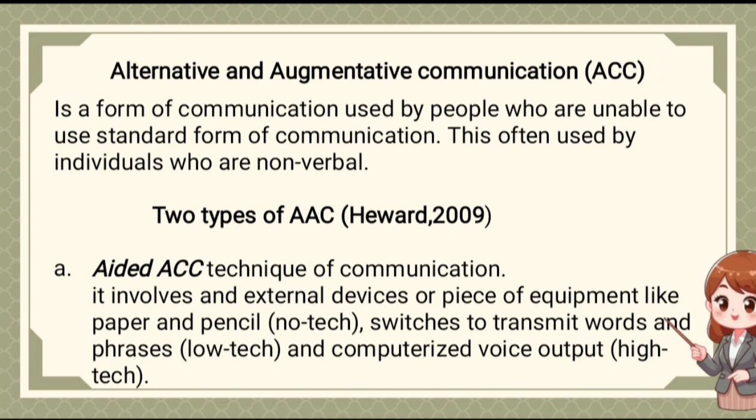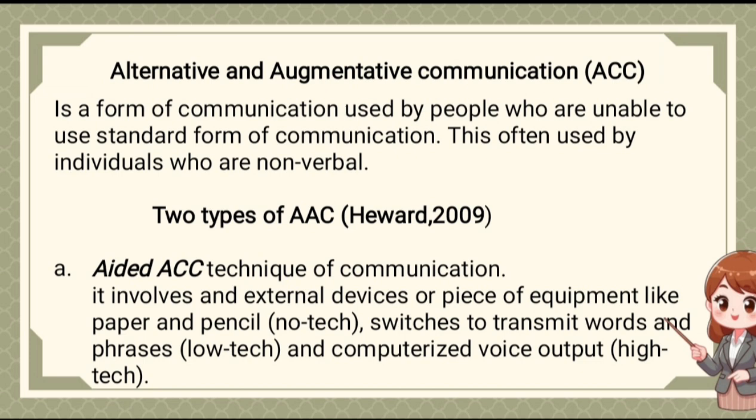So AAC has two types, according to Hayward. The first one is the aided AAC technique of communication. This type of communication uses external tools or devices to help a person communicate.